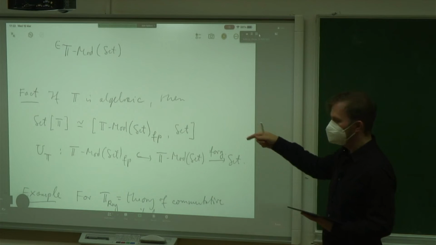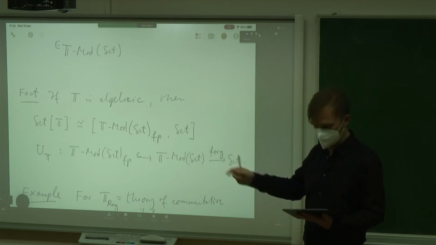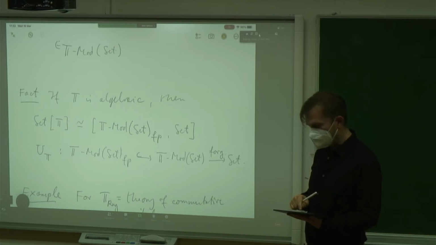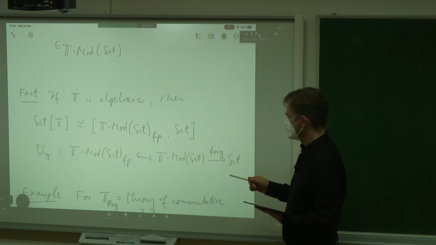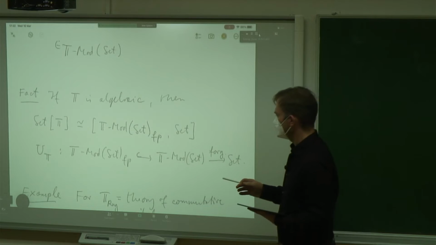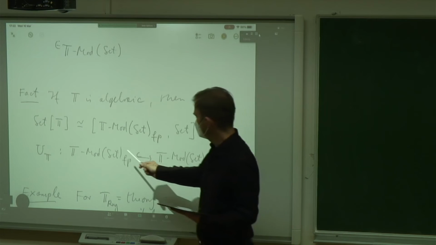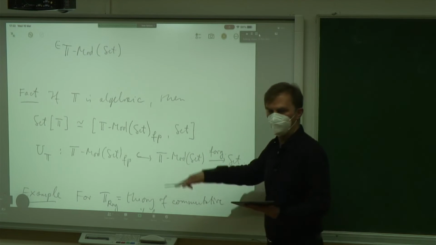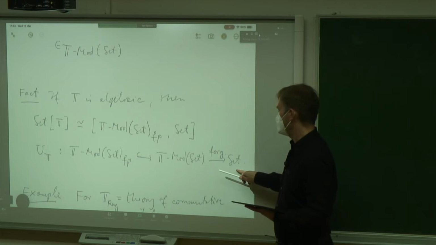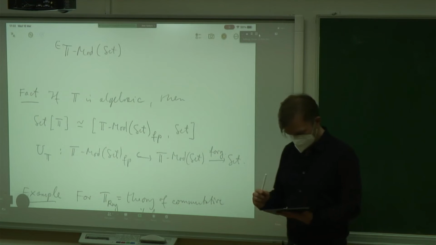So there's no need to impose the syntactic topology. And the universal model simply corresponds to the embedding of finitely presented models into all models and then the forgetful functor into set.